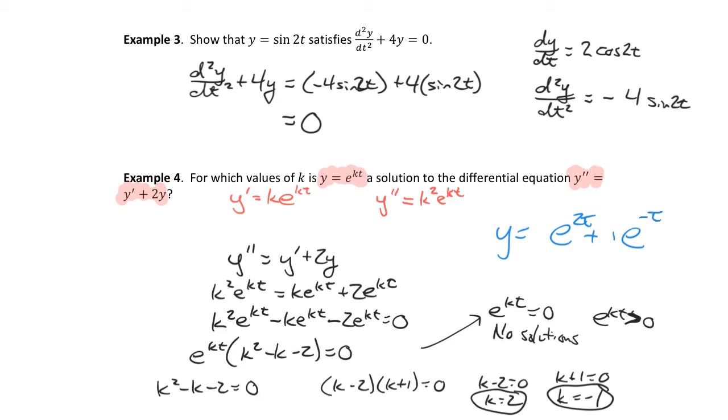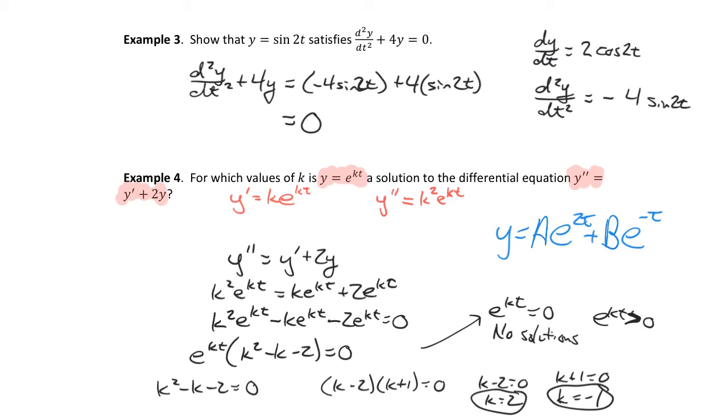And that also will be a solution. In fact, if we go ahead and throw constants in front of those, let's say an a and a b, that will also be a solution.